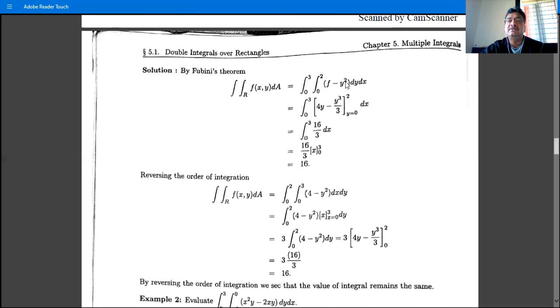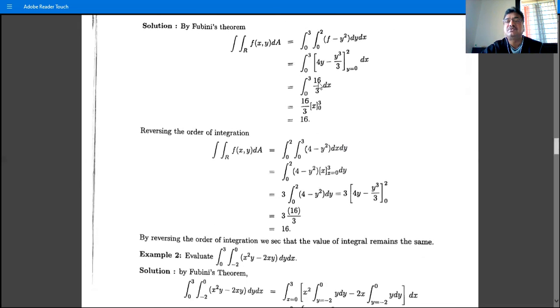Then we integrate this same example with respect to x first. So write the integration now 0 to 2, because the limit on y is 0 to 2 and the limit on x is 0 to 3, of 4 minus y square dx. Now 4 minus y square is a constant quantity, so its integration with respect to x is 4 minus y square into x, where x runs from 0 to 3.